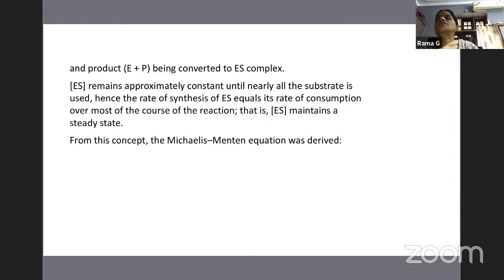So the substrate is used, hence the rate of synthesis of ES equals its rate of consumption over most of the course of the reaction. That is, ES maintains a steady state, which means it maintains a standard position. By this, Michaelis and Menten derived the equation.